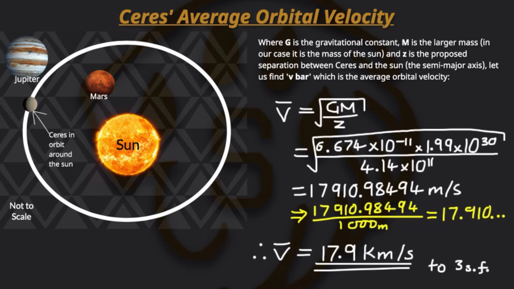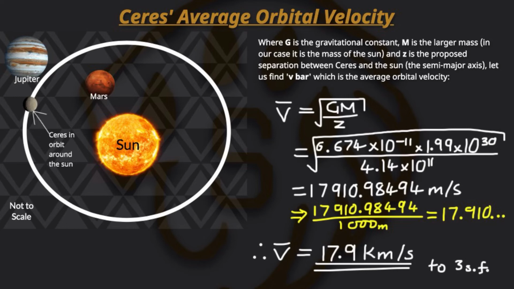So we got this v bar, which is equal to the square root of GM over z, and we've already defined those variables, and that will be equal to 6.674 times 10 to the power negative 11 times 1.99 times 10 to the power 30 over 1.14 times 10 to the power 11, that's the million kilometers, and then that will be square rooted, and then we get 17,910.98494 meters per second.